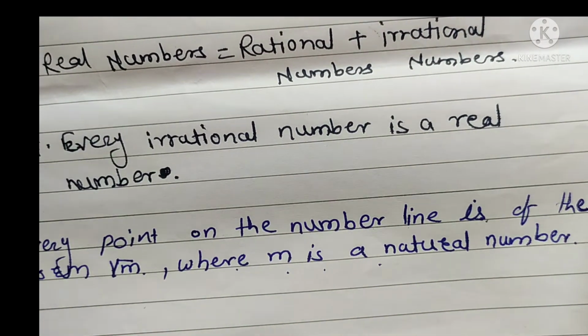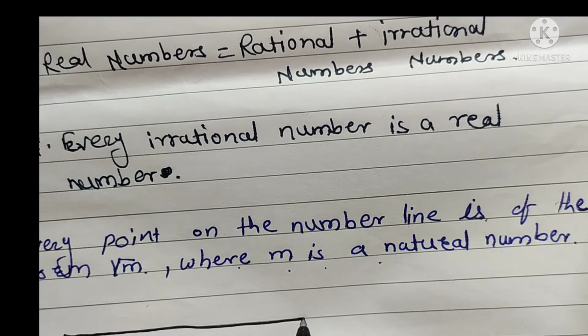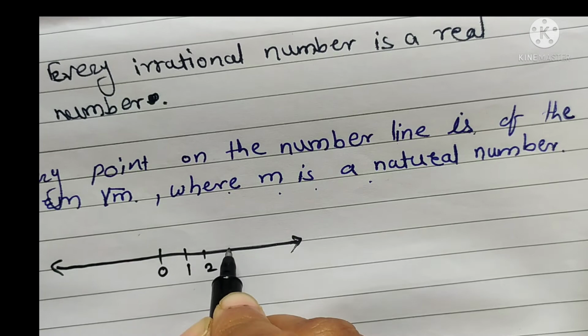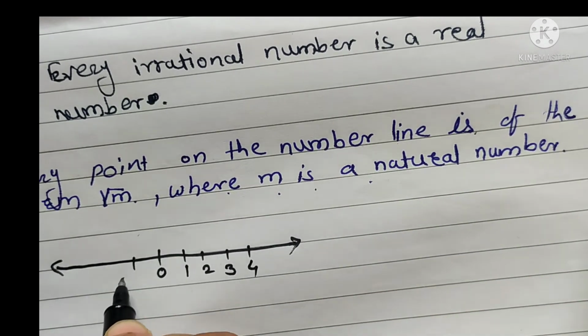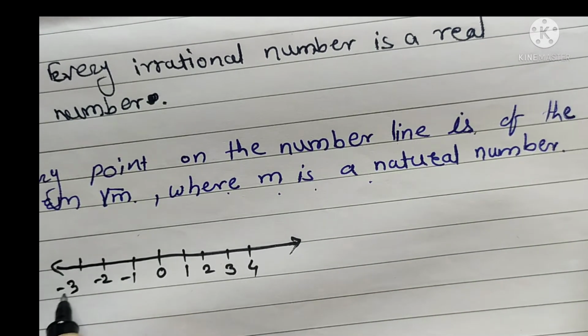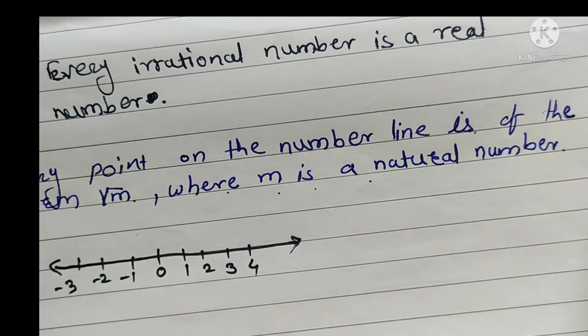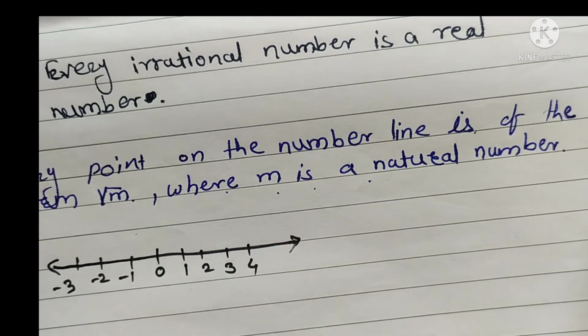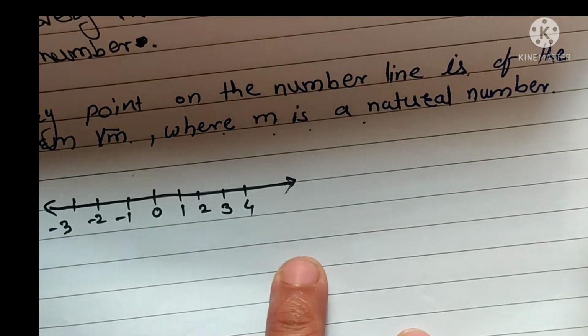The second statement is: every point on the number line is of the form root m, where m is a natural number. On the number line we can draw 1, 2, 3, 4, -1, -2, -3. That means on the number line we can show all positive numbers, 0 and all negative numbers also. But when we think about the root m form, that means any natural number written under the root sign is represented on the number line.